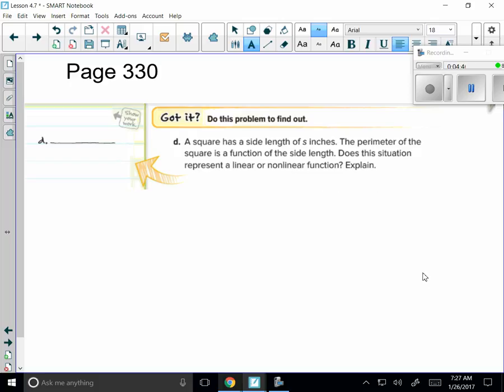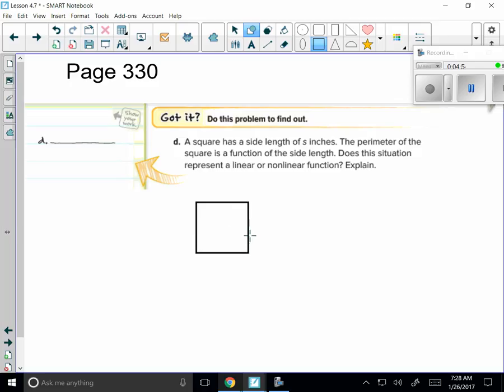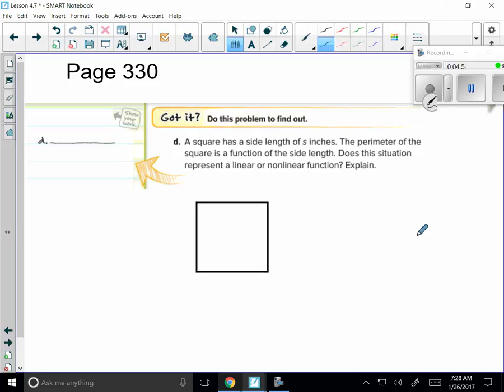So one thing that we might want to think about with a square is what it looks like. Let me see if I can get a nice square in here. There we go. So if you get a word problem like this, one of the easiest things to help us is to make a table. I have my x values and my y values.